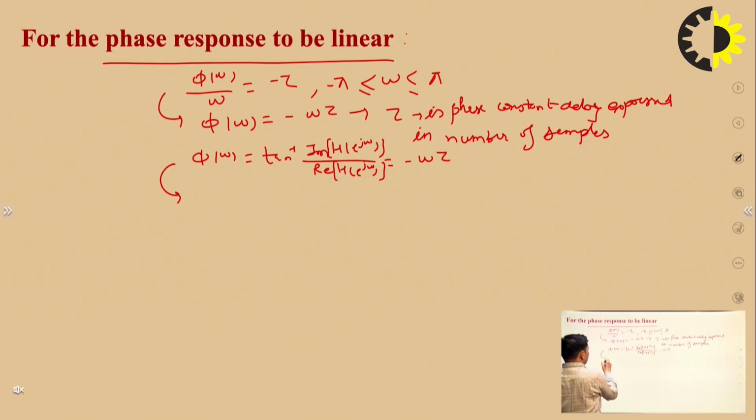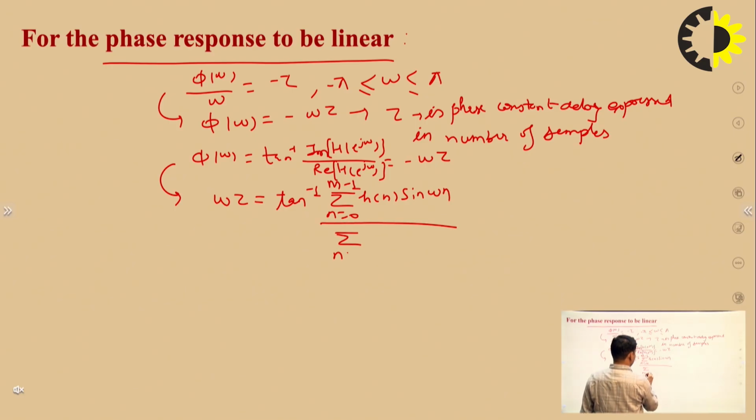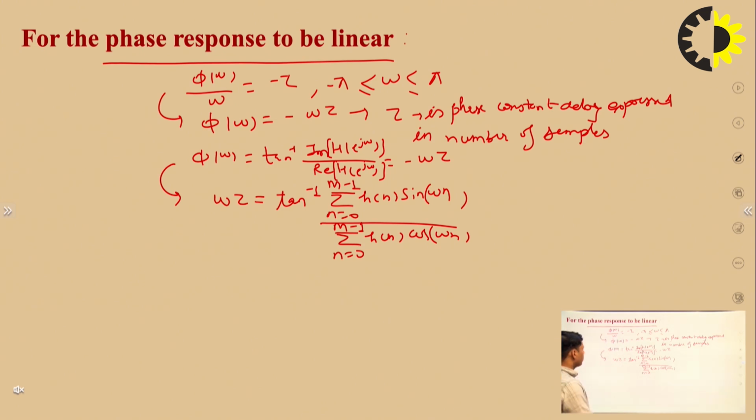So omega tau is equal to tan inverse of the summation of n equals 0 to M minus 1 of h[n] sin omega n, divided by the summation of n equals 0 to M minus 1 of h[n] cos omega n. So the above equation can now be converted.